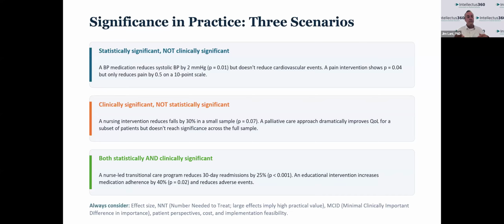Statistically significant, but not meaningfully important. Conversely, you can have something that is clinically important, falls dropped by 30%, but it didn't reach statistical significance. And then the best part is when you have both clinical and statistical significance, where you're finding statistical differences between two sets of scores, for example, and it's meaningfully important.